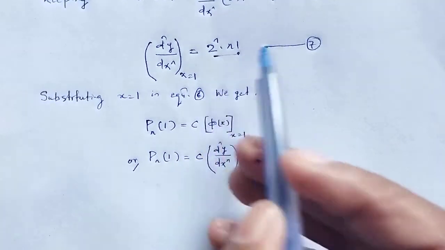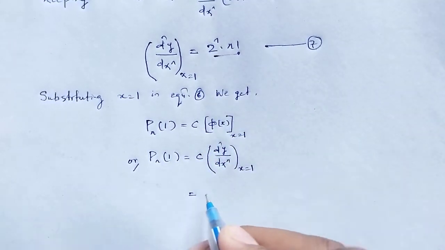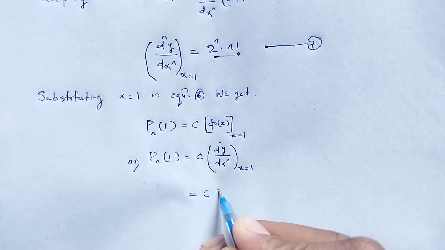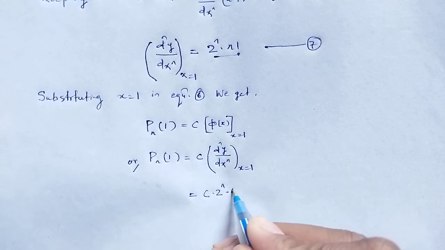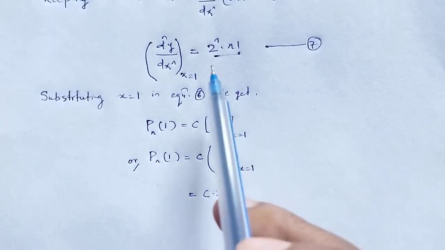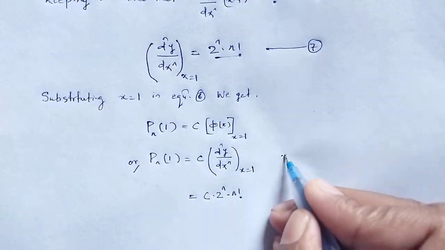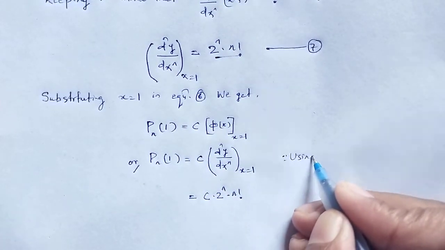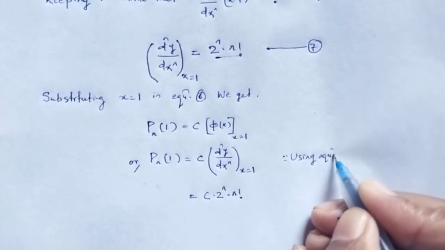The value will be this much, that is C into 2^n into n factorial. Here we are using equation number 7.